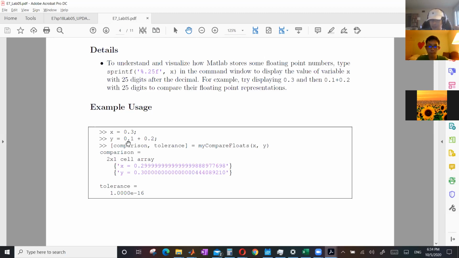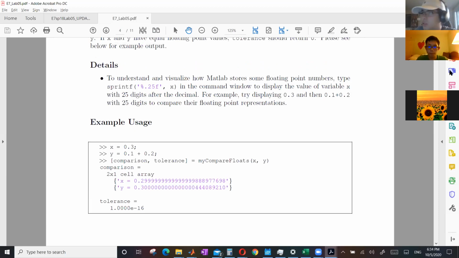But that means that the approximation that you have, oh, this is not annotating. Just a second. Where's my annotation tool? There you go. So that means that whatever binary approximation the computer gives to 0.1 plus the binary approximation to 0.2 may not be equal to the approximation of 0.3.